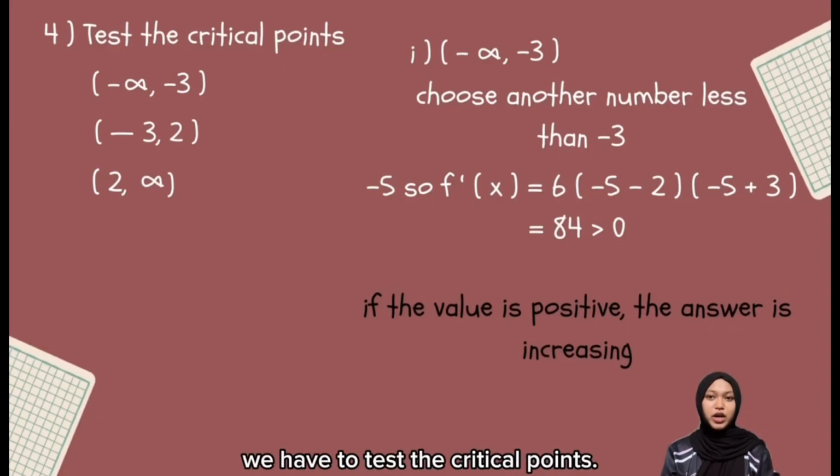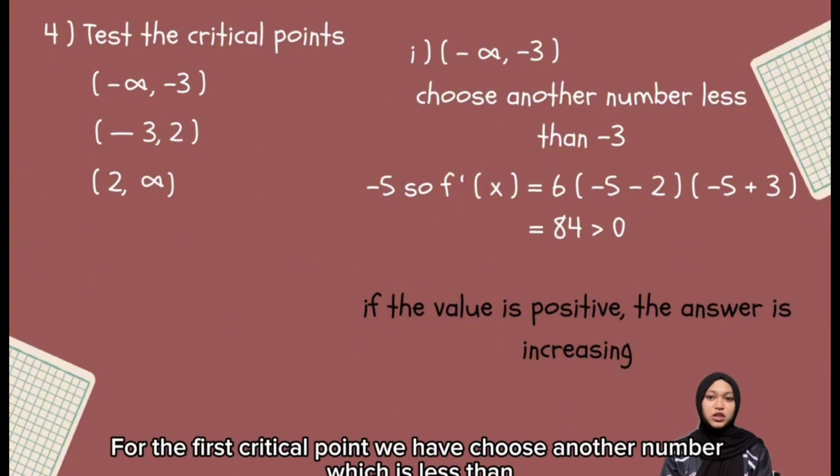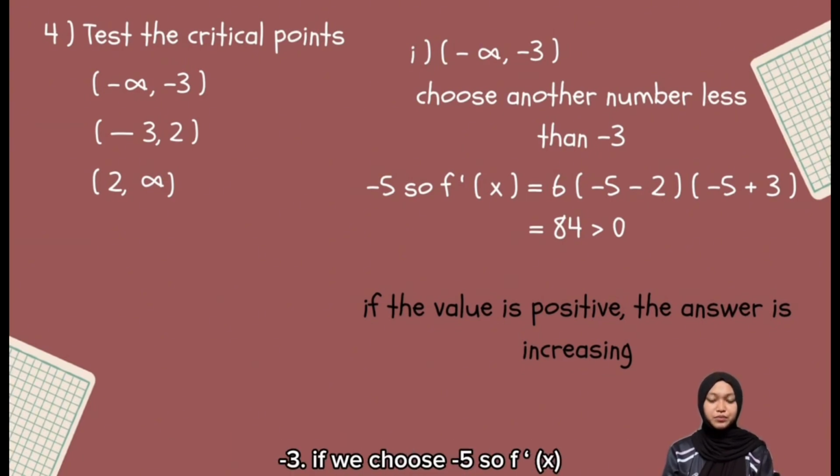After that, we have to test the intervals. So the first interval is -infinity to -3. Second is -3 and 2, and the third is 2 and infinity. For the first interval, we have to choose another number which is less than -3.